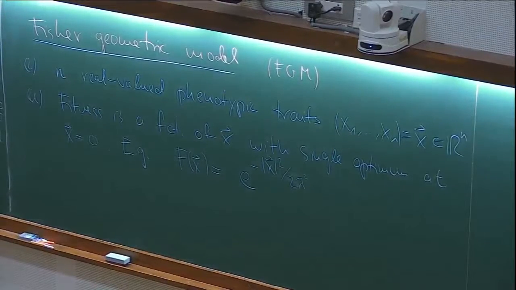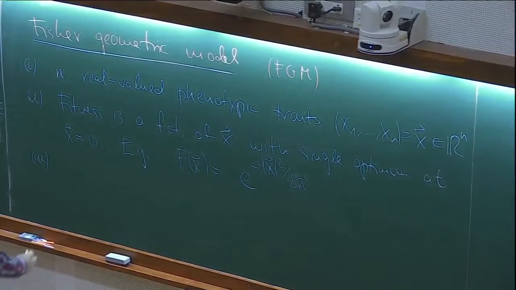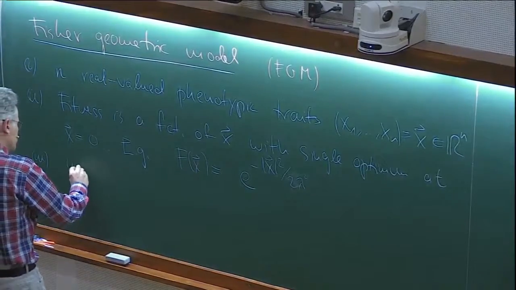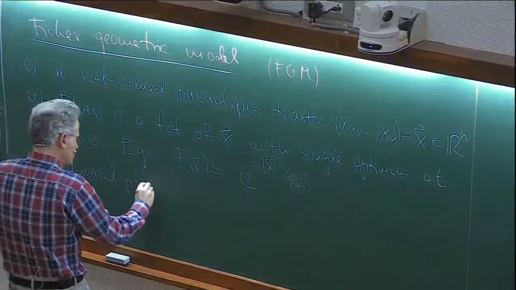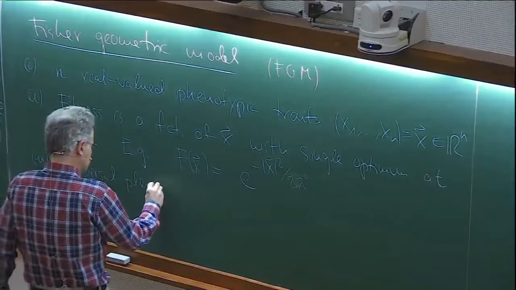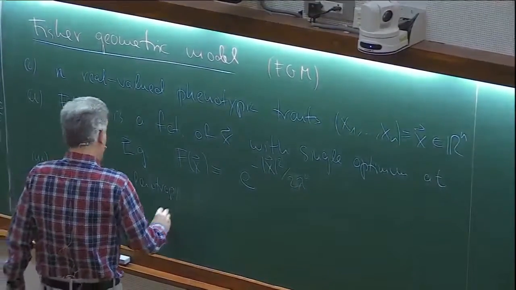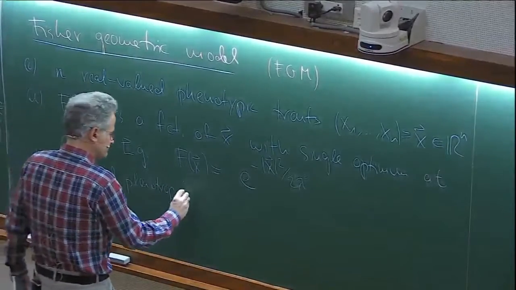So this is the fitness, and now mutations occur. The assumption is that mutations are random displacements in the phenotype. In Fisher's original argument, he assumed that these displacements are isotropic. This is often called the assumption of universal pleiotropy, which means that every mutation affects to some degree all the traits.